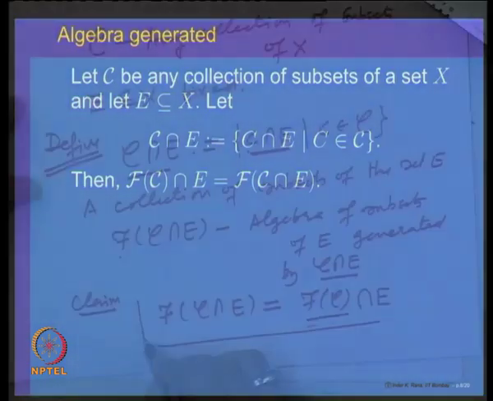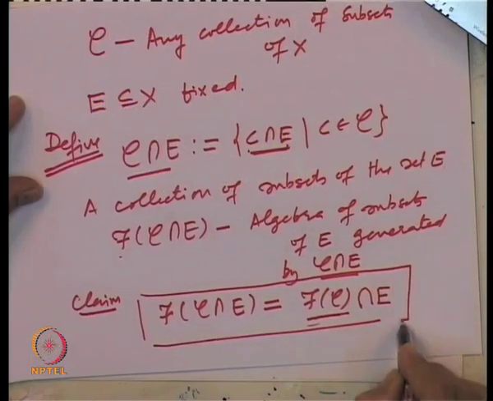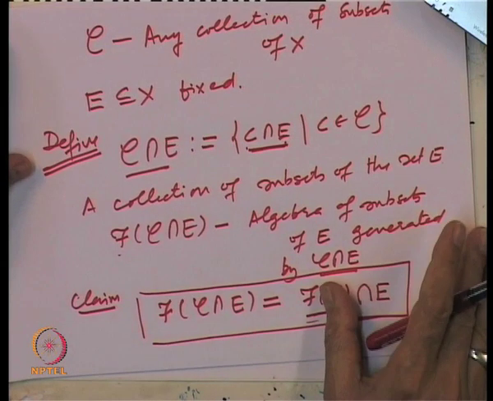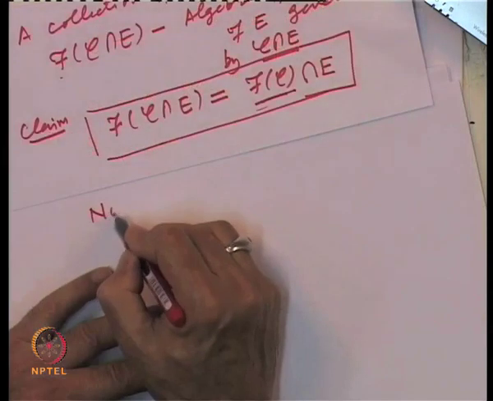So, this is the theorem, or this is the result that we say is true. So, let us prove this. To prove this, let us first observe.